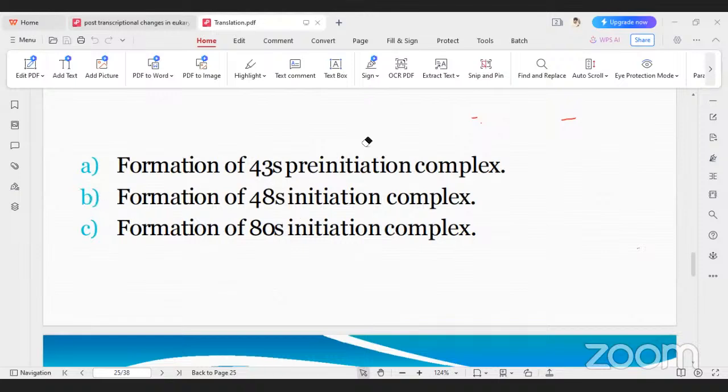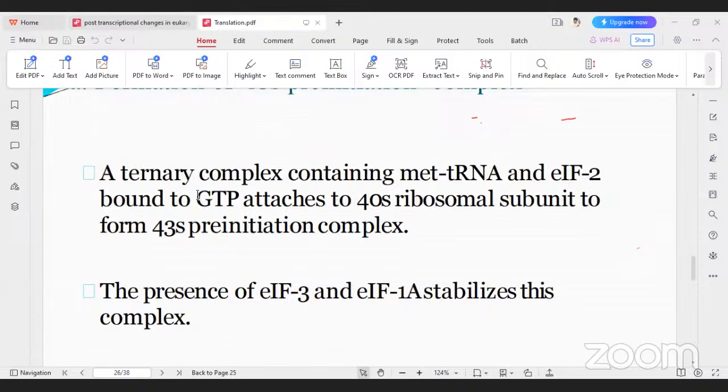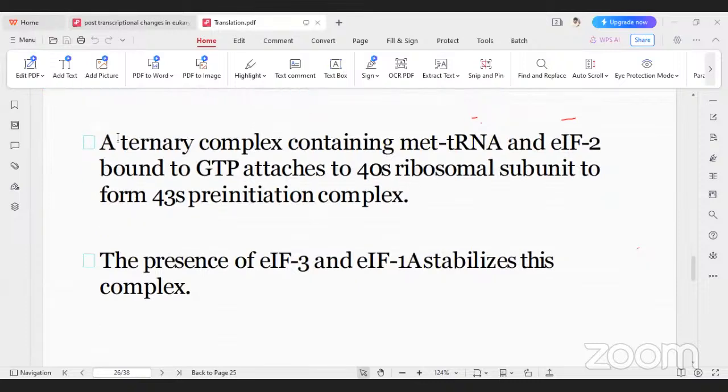Now let's discuss 43S complex formation, the formation of the 43S pre-initiation complex. Now the ternary complex. Already you know what the ternary complex is? Amino acid with tRNA, the activated amino acid.